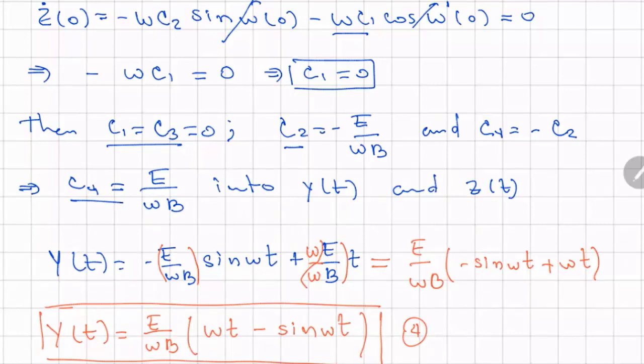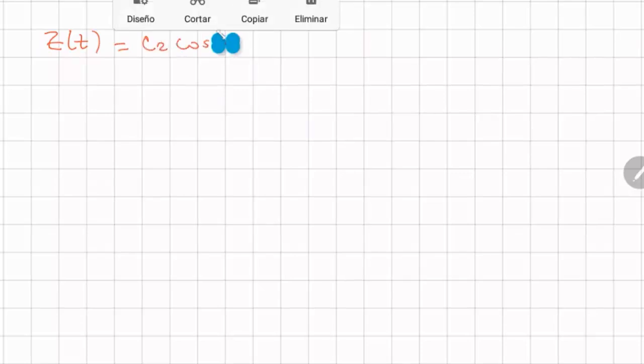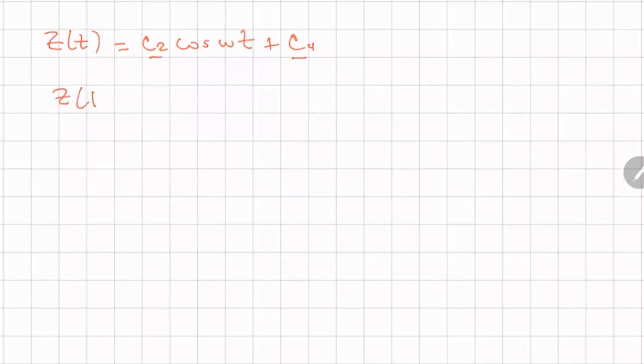Okay guys, when we replace the terms into the z equation, so z of t is equal to C2 cosine of wt plus C4, when we replace the constants into the equation, we get z of t is equal to minus E dividing wB cosine of wt plus E dividing wB.